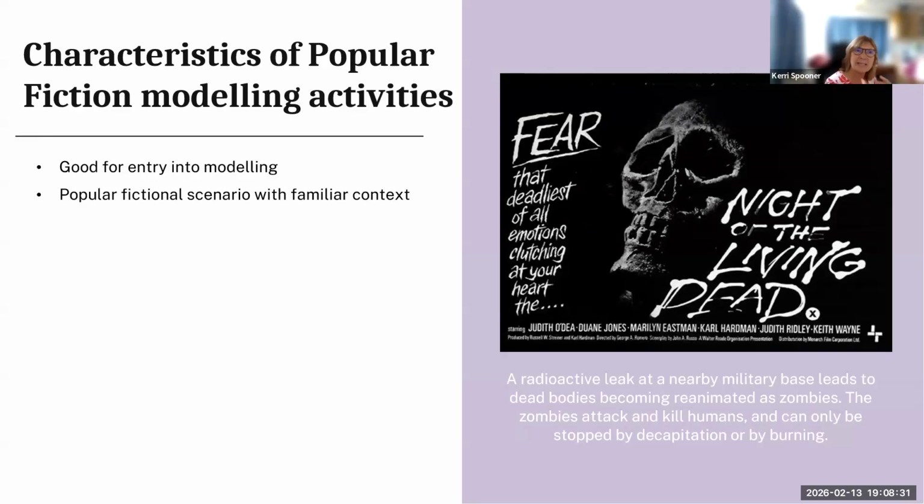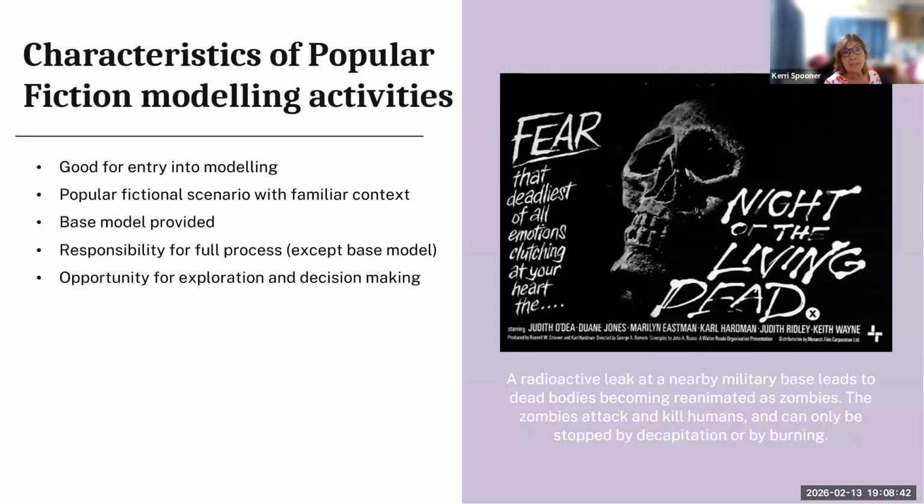By picking something popular, you're also picking a context that the majority of students should be familiar with. And again, like I've mentioned, teach the students the base model beforehand. Then they have the responsibility for everything past that point.